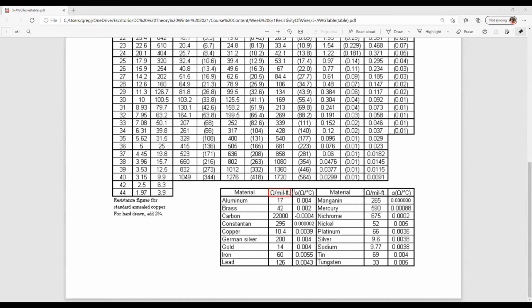But here you have that little symbol that you see in that formula, which is the temperature coefficient. And we are going to be using this column, depending on the material type that we have, in order to determine how much is going to be the change in the value of the resistance because of the change in temperature.